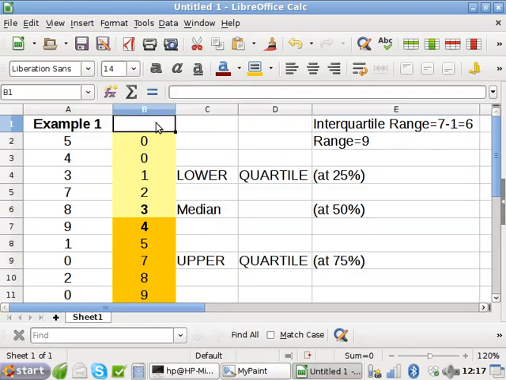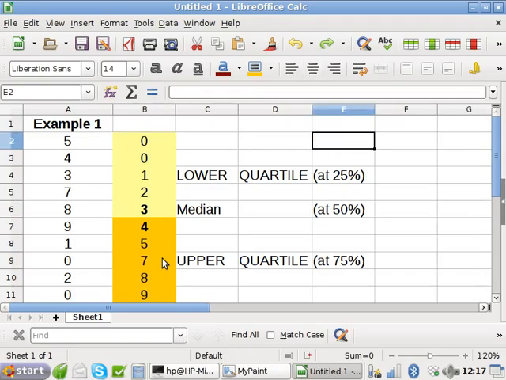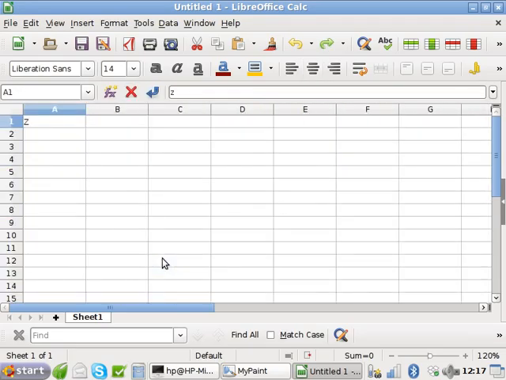This example is actually quite easy because there's an even number. 10 is 5 and 5, so it's even. But then it gets a little bit more complicated if there's an odd number like 11. So let's have a look at that. Can I delete all of this? Yep. Okay, so example 2.